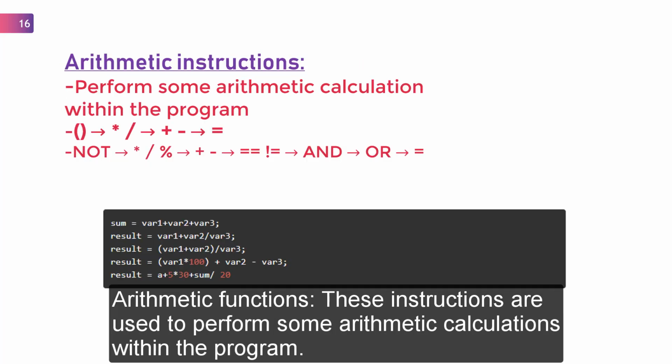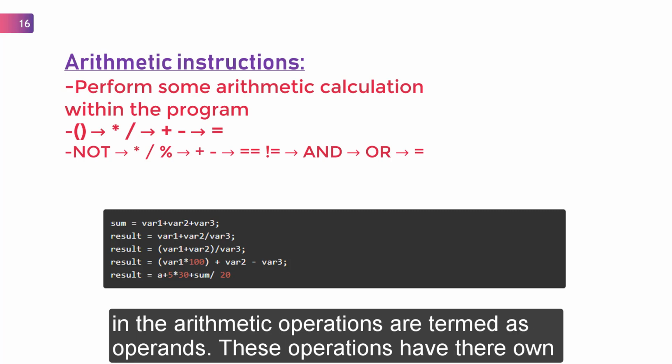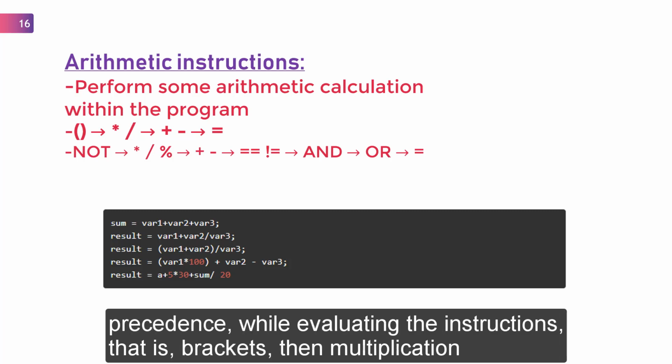Arithmetic instructions. These instructions are used to perform arithmetic calculations within the program. They use arithmetic operators like plus, minus, into, division, percentage, equal to, etc. The variables that participate in the arithmetic operations are termed as operands. These operations have their own precedence while evaluating the instructions.